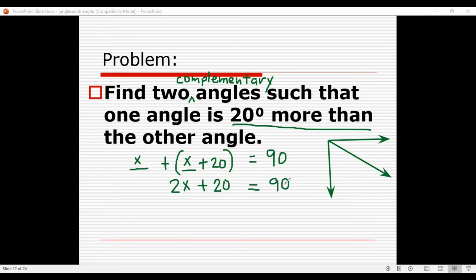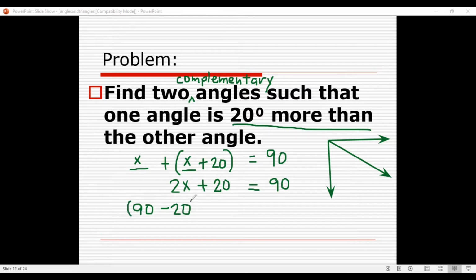We can do this by working backwards. We have 90, and because this is a plus 20, we are going to subtract 20, the opposite of addition. Then whatever result you get, twice the number gives you that result.